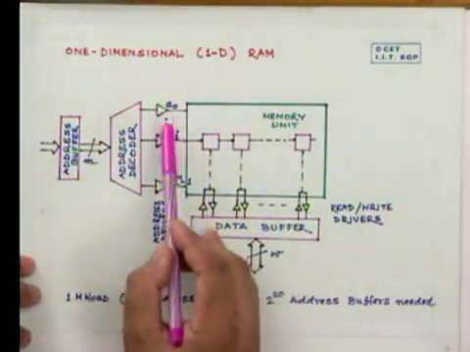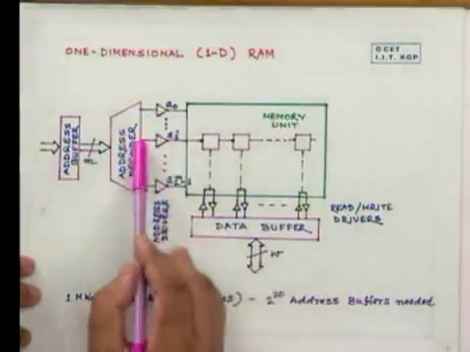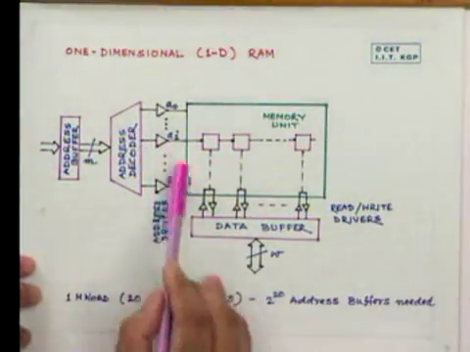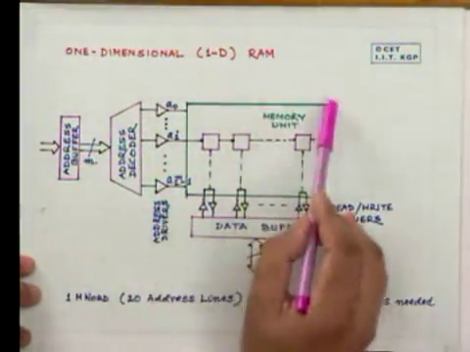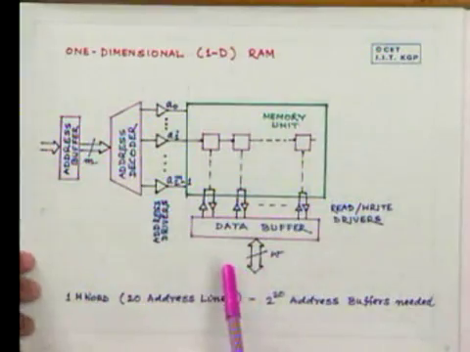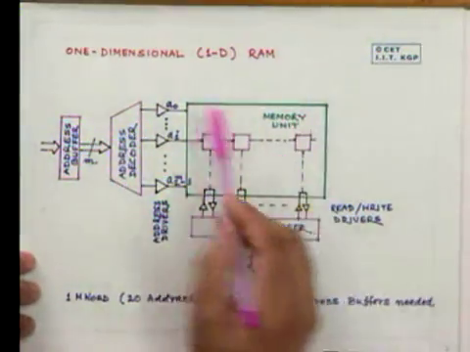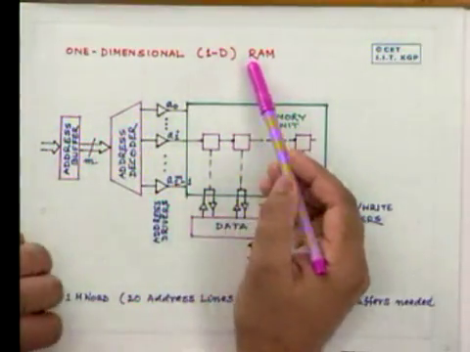That is 1 mega of address buffers and 1 mega of address lines into the memory unit, and therefore such a one-dimensional RAM is rarely used. In fact, it's not used.